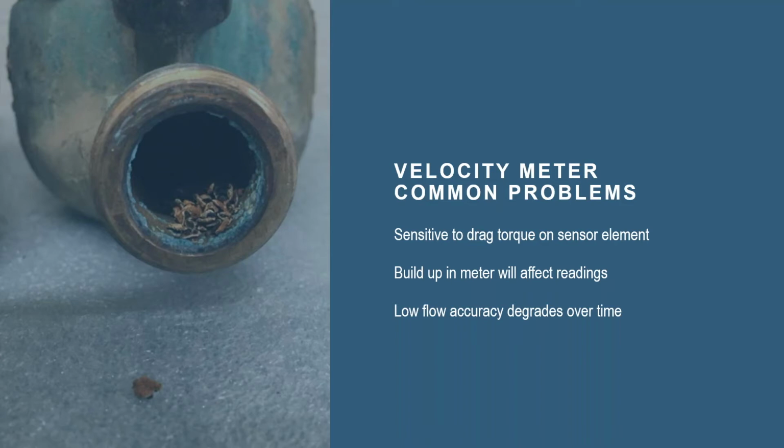And when it becomes heavier, as that water passes through it, it can move faster and cause a higher meter reading, or it can get so deposited that it doesn't move at all, which causes a net slower reading of the actual water that passes through those velocity meters.